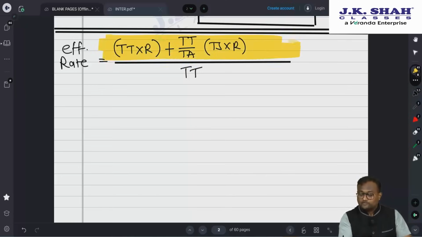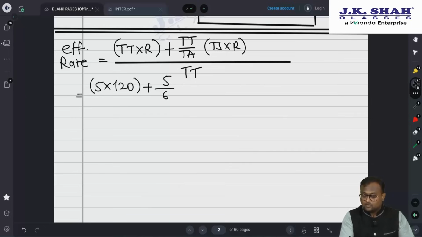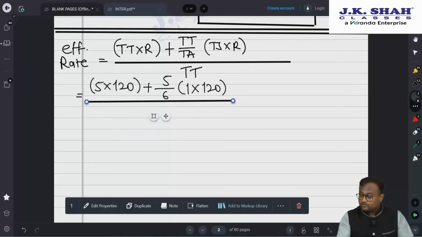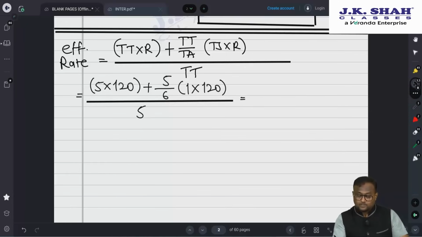This information gives me total labor cost as per Rowan, and when it is divided by time taken, I'll be getting the effective rate. So guys, 5 hours is the time taken, 120 is the hourly rate, 5 hours is time taken, time allowed is 6, time saved naturally 1 hour, and the whole thing will be divided by 5 hours.